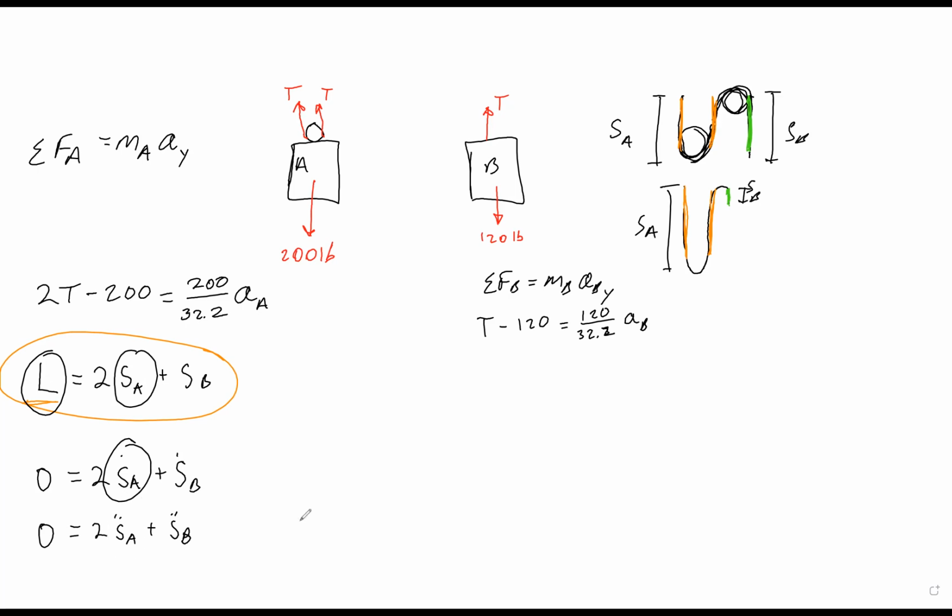Well, s double dot A is, if we consider the length of A to be up here is 0, and down here is the actual length value, then that means that our acceleration is going to be upward being the negative of the motion downward.